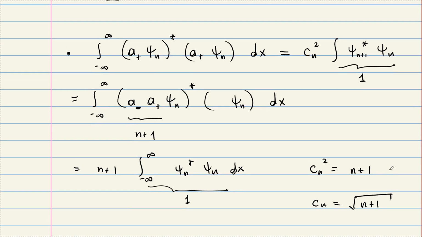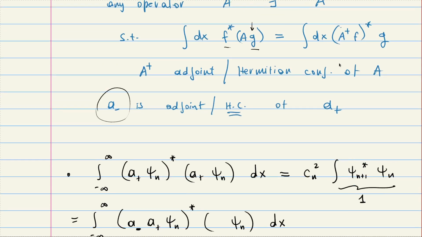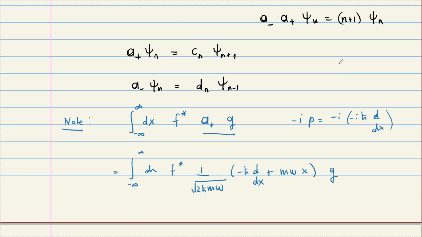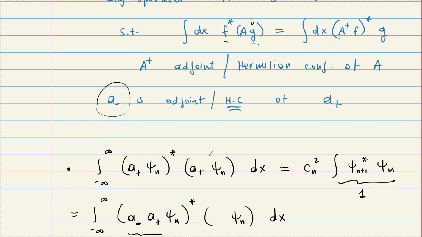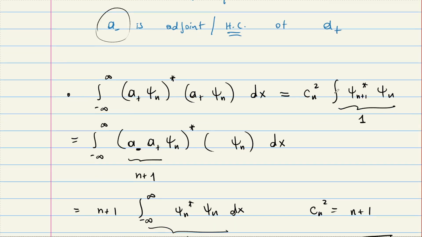This one? Because here, this is our definition, right? We said when you act A plus on psi n, this is Cn times psi n plus 1. And there are two of these here, one this, another one this: Cn squared and psi n plus 1 squared.